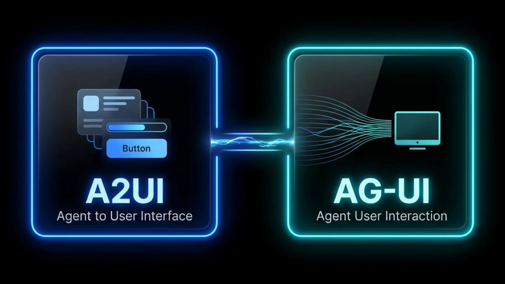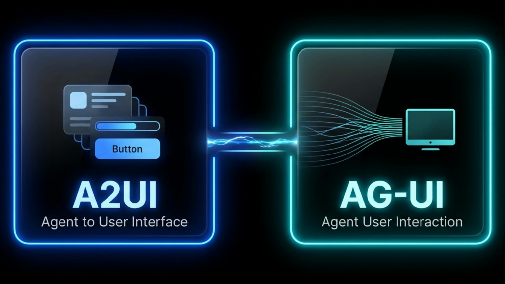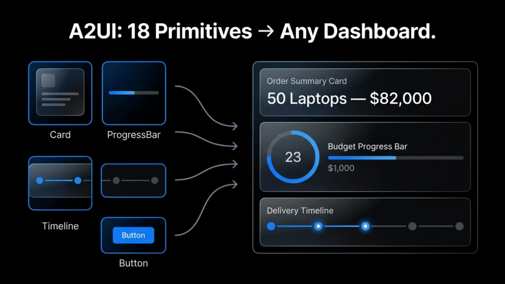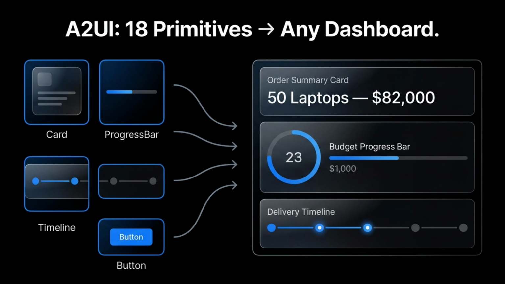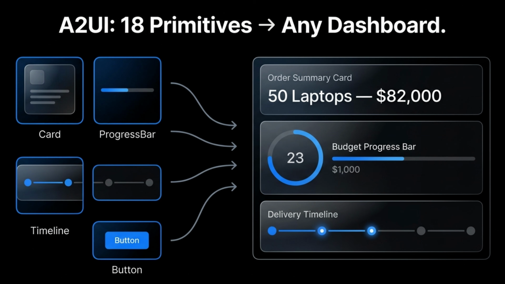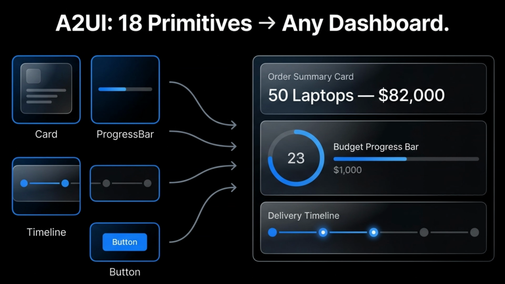So that brings us to A2UI and AGUI. These two protocols work together. A2UI is agent to user interface. So the order is placed, but your ADK agent just returns text. Order confirmed, 50 laptops, let's say $82,000. That's fine for a terminal, but not for a real user.